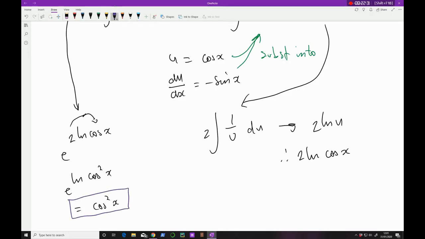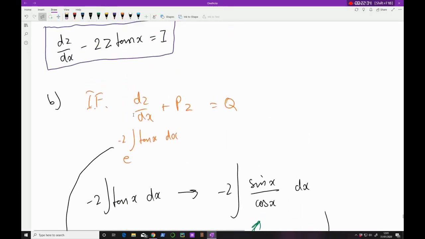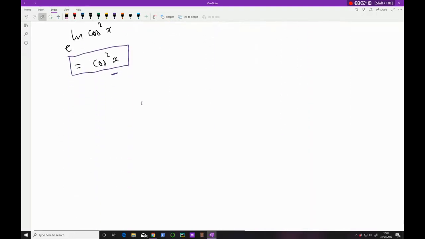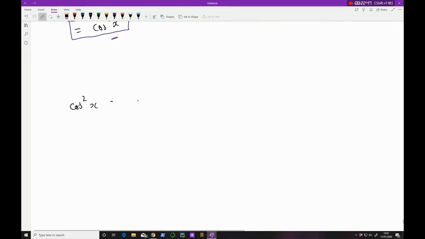Now I need to multiply all the way through with it. So at the end, I have cos squared x dz by dx minus 2z tan x cos squared x equals cos squared x.